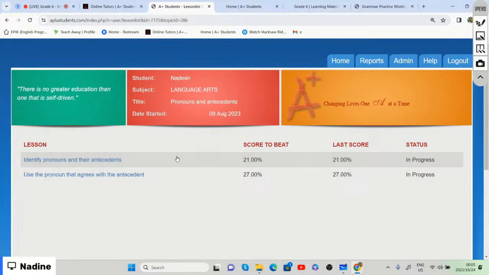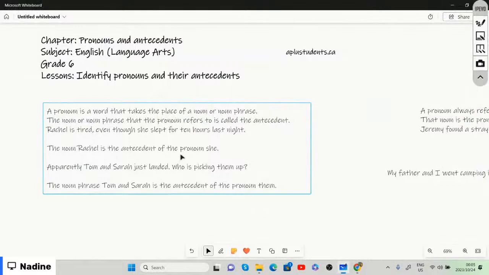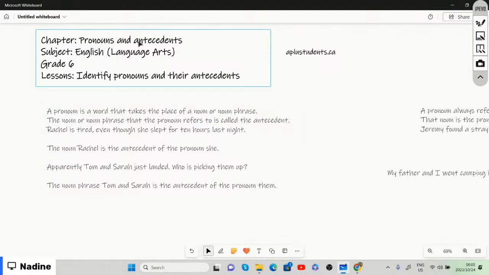So our chapter for today is pronouns and antecedents. The subject is English language arts, grade 6.